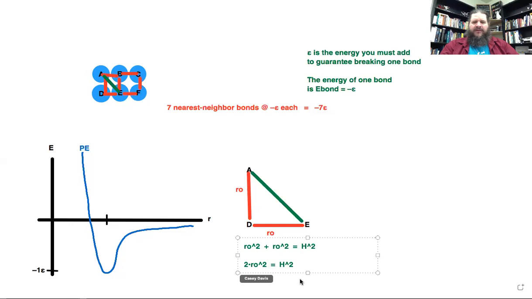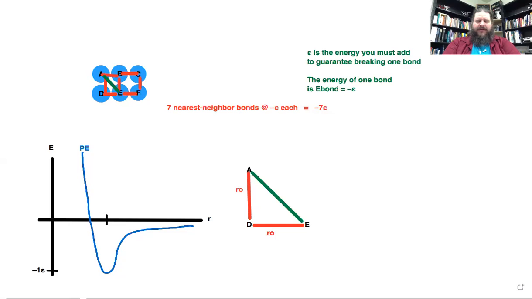But then what else do we still need to do to isolate H? Yeah, take the square root of both sides. So H is the square root of 2 times R naught squared. Square roots do not distribute over addition and subtraction, but they do distribute over multiplication and division.